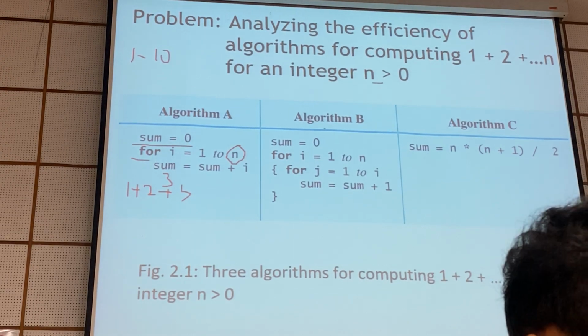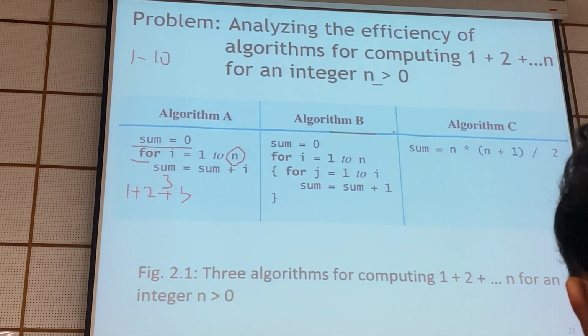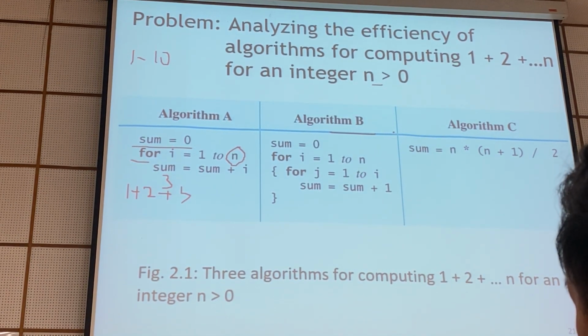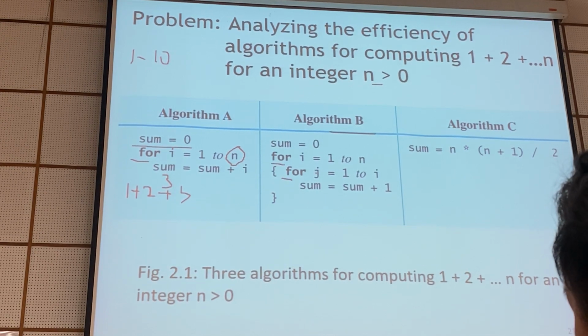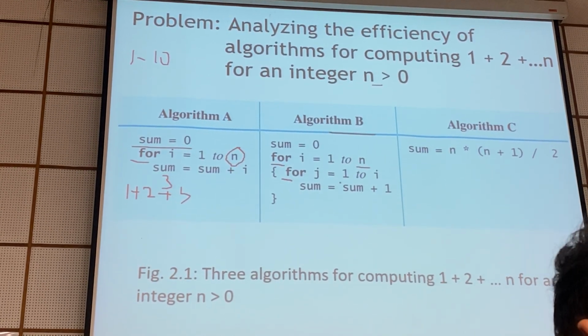Now, let's see B. What do you see in B? We have 2 loops. One loop goes from 1 to the input size. The next loop goes from 1 to i.